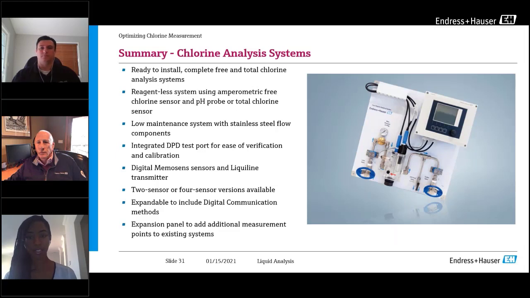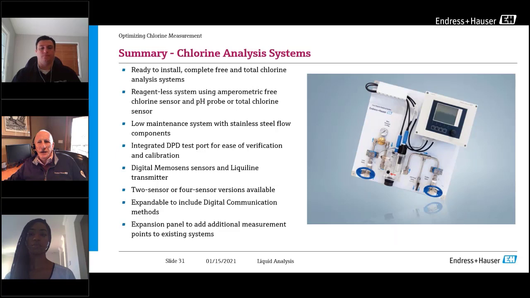The next question we have, does the output of the system need to go to sewer or a tight tank, or can it go back into the process? That's an excellent question. Generally speaking, if you're talking about drinking water, there's an approval called NSF approval, National Sanitation Foundation.